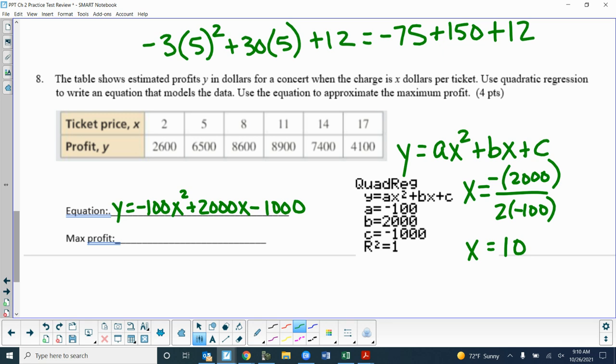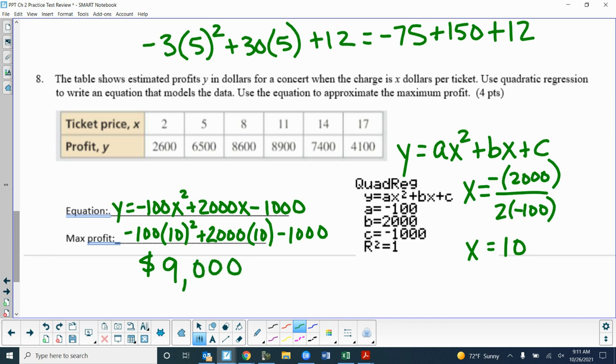All right, so I'm going to substitute 10 in for x to find the maximum profit. So it'd be negative 100 times 10 squared plus 2,000 times 10 minus 1,000. And when you put all that in your calculator, what do you guys get? How much? Somebody? $9,000. Thank you.